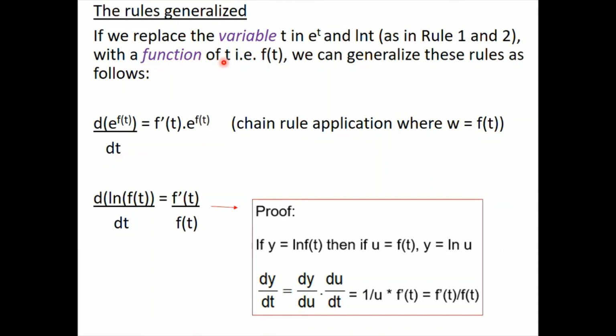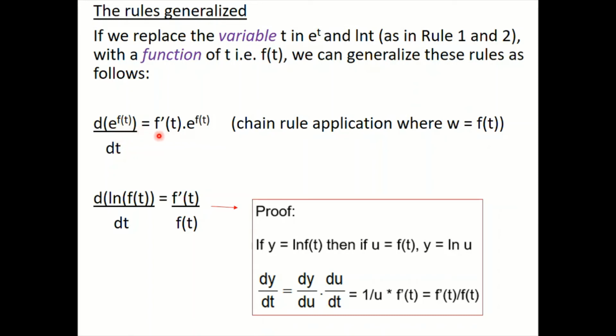So instead of just having a variable t, we would like to be able to work with a function of t. So in the case of an exponential function, if we were to have y equals e raised to a function of t, how would we find the derivative? How would we find dy/dt?